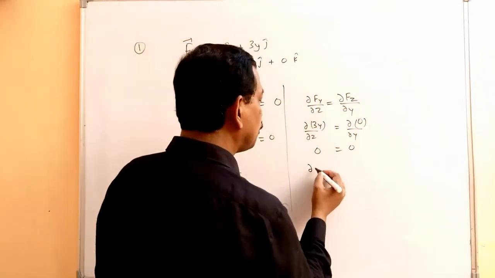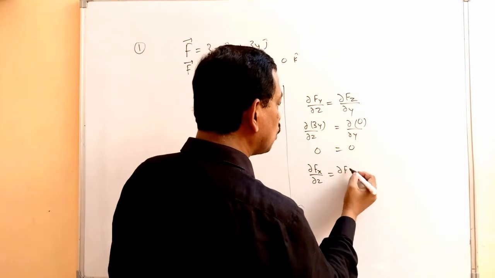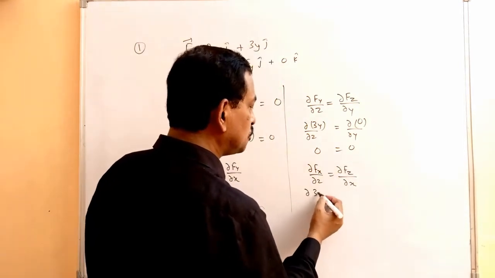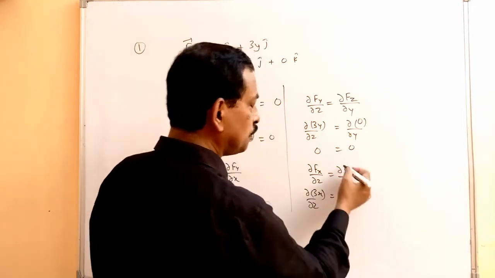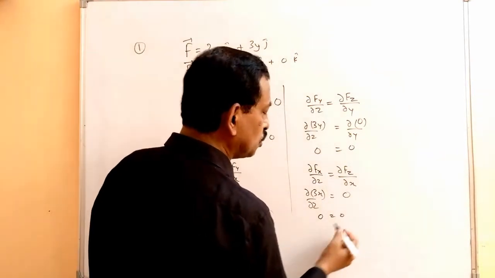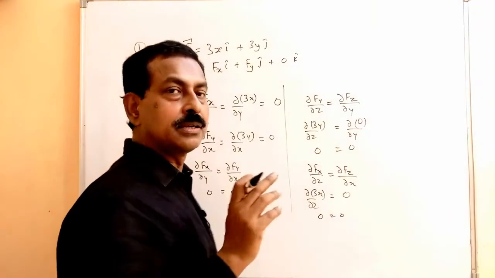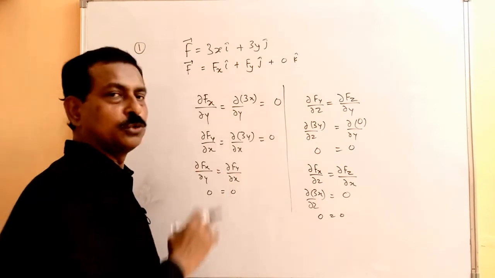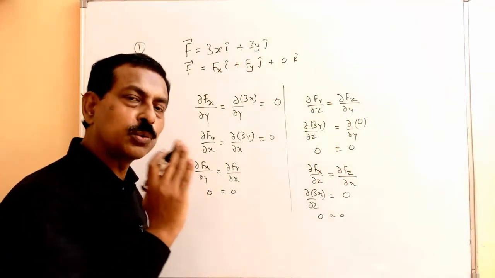Like you can show it for ∂fx/∂z, whether it is equal to ∂fz/∂x or not. This is your 3x with respect to z, and this is your 0, because it is a differential of fz, which is 0, and this term is also 0, so it is equal. So all the three pairs which we have taken, they are equal, so it is a conservative force. So this F is conservative. So this is how you can find.